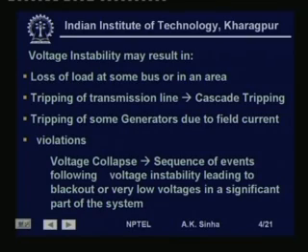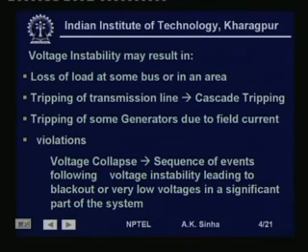What can happen under such a situation is that this will result in instability, which will cause loss of load at some buses or in an area. That is, if there is a progressive fall in the voltages at some buses or in an area, then undervoltage relays in that area are going to trip the loads. So, we are going to lose some load at some of the buses or in the area where the voltage is progressively falling.